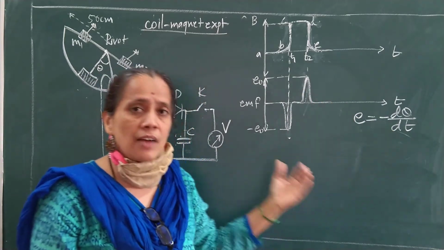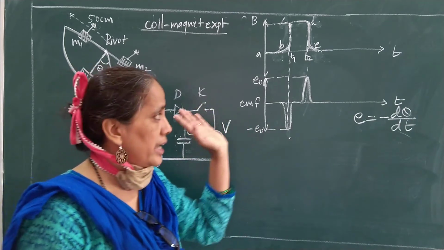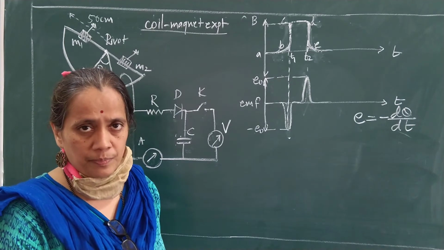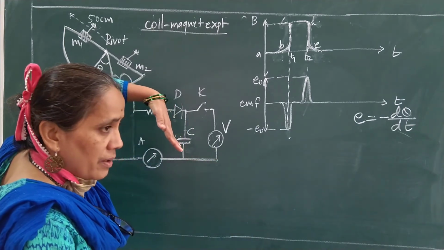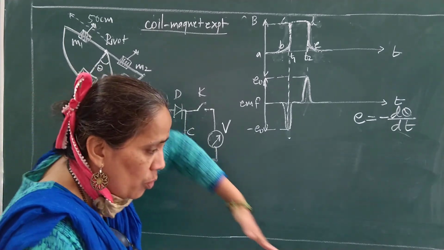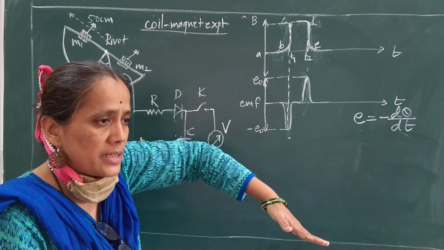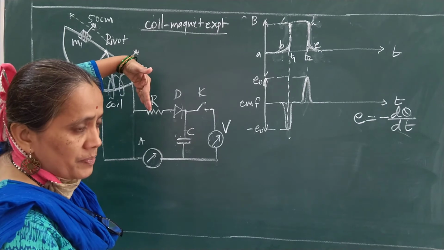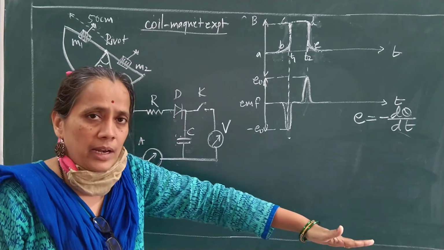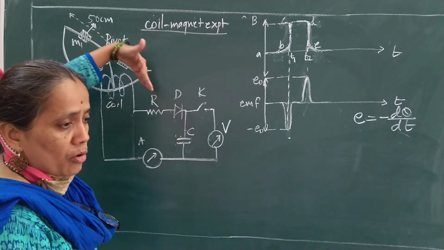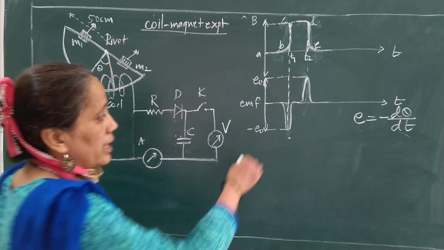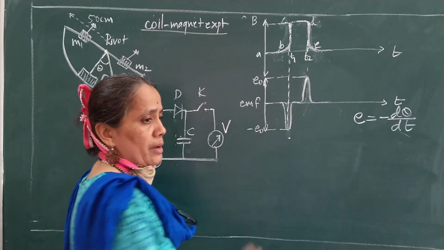And when the next half oscillation comes, again I am getting one negative pulse and one positive pulse. See here, the magnet comes towards the coil, negative pulse; moving away from the coil, positive pulse; again coming towards the coil, negative pulse; again going away from the coil, positive pulse. In that manner there will be a generation of EMF.